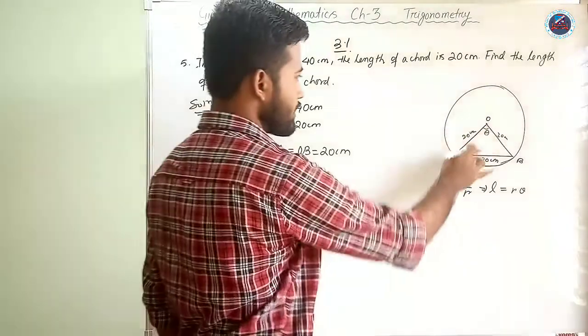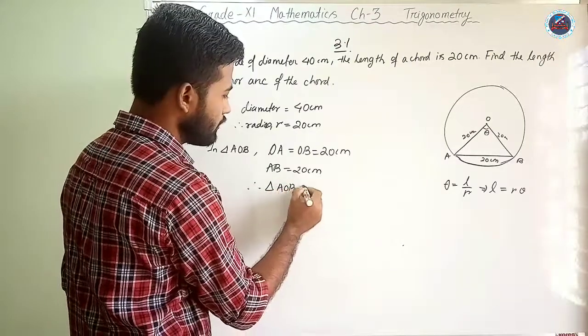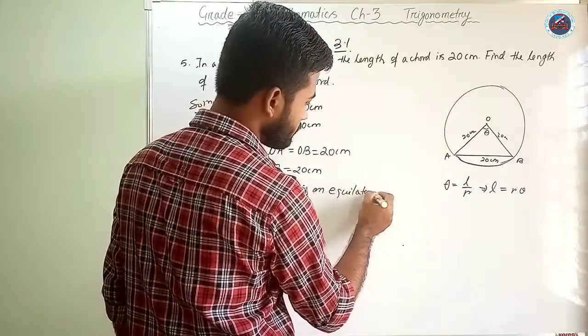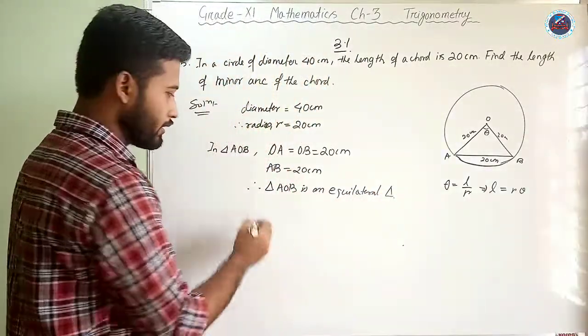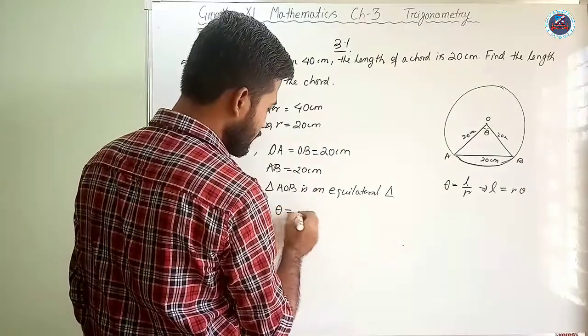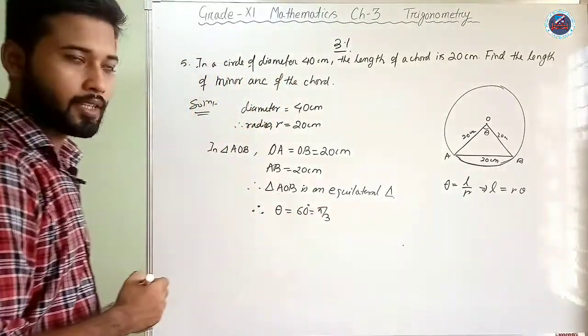Now since all the sides are equal, therefore triangle AOB is an equilateral triangle. Since it is an equilateral triangle, therefore what about the degree angle? Therefore theta will be equal to 60 degree, and that is equal to pi by 3, isn't it?